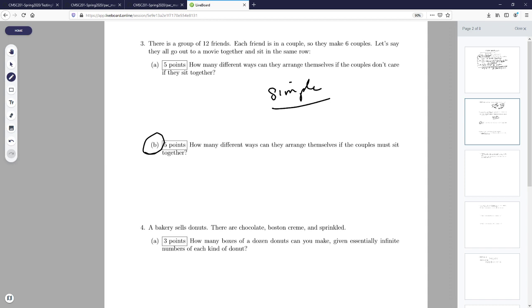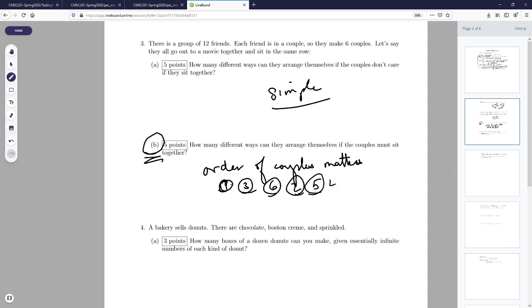So in this case, how many different ways can you arrange yourself if the couples have to sit together? Yeah. So the answer is 5. No, I'm kidding. The answer is that what you have to do is this is what I'll say. The order of the couples matters. So it matters which couple. So if you have couple 1 sitting here, couple 3, couple 6, 2, 5, and then 4, right?